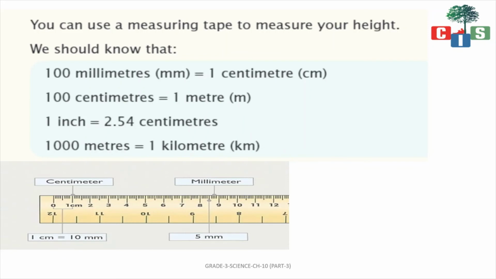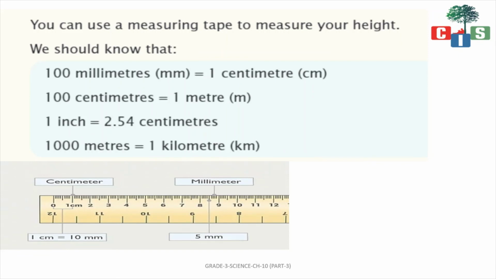Now we should know some following things: the smallest unit is millimeter and the biggest unit is kilometer. When 10 millimeters come together, they form 1 centimeter. When 100 centimeters come together, they form 1 meter. 1 inch is 2.54 centimeters.